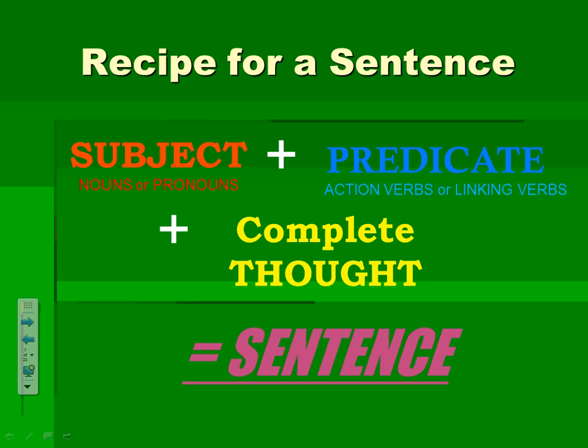Your subject, those will always be nouns or pronouns. Okay, so nouns, remember, are people, places, things, ideas, objects. And pronouns, just a quick refresher, remember pronouns take the place of nouns so that you don't sound like a broken record when you speak.